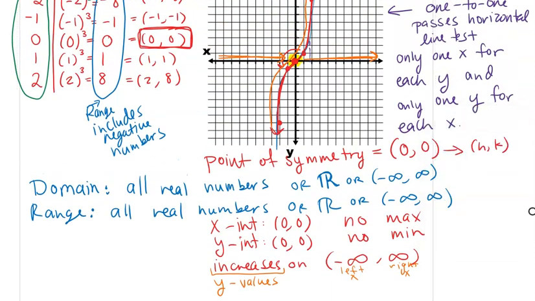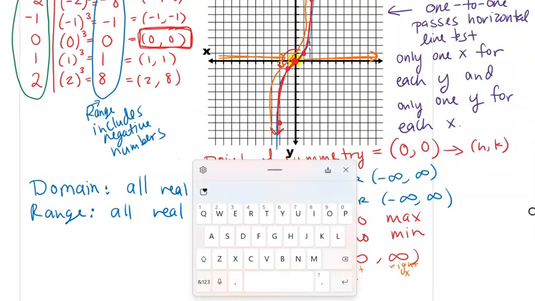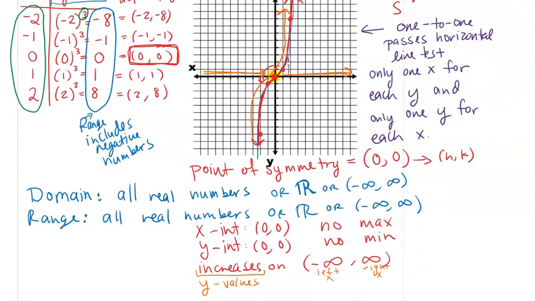Let's see, did I leave anything out? I don't think so. Oh, yeah, rate of change. So like the quadratic, this function does not have a consistent rate of change because the rates of change are different between most points. For example, if I look at the rate of change between these 2 points, 0, 0, and 1, 1, the rate of change there would be 1.